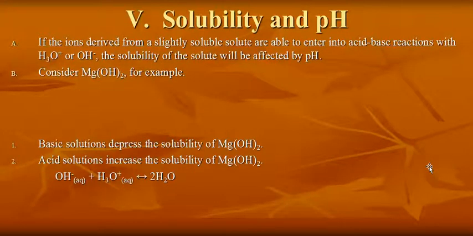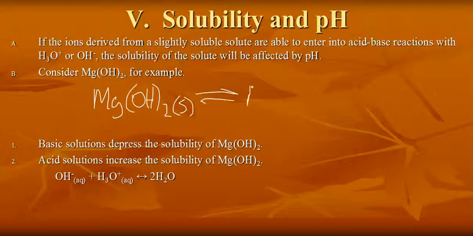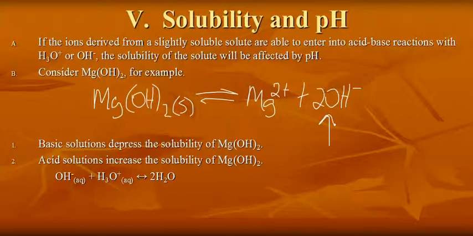Sometimes the solubility can be affected by pH. Consider this solid, for example, magnesium hydroxide. If I have a basic solution, that will increase the concentration of hydroxide because it's a basic solution.